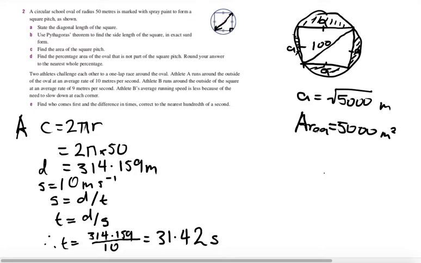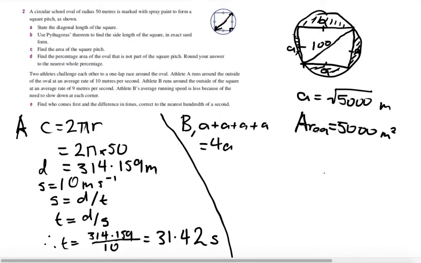All right, so let's look at athlete B. So athlete B runs around the outside of the square. So we need to know the perimeter of the square to work out how far they're running. That's just going to be A plus A plus A plus A, which is equal to 4A.